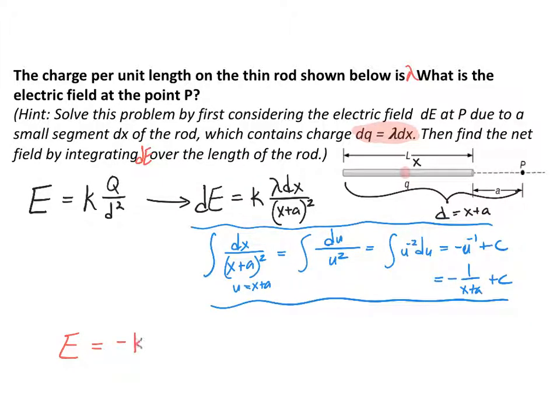I'm going to have a minus k lambda. I'll just pull that minus out of the integral. And we're just going to integrate 1 over x plus a, and we're going to evaluate it from 0 to L, the length of the rod.